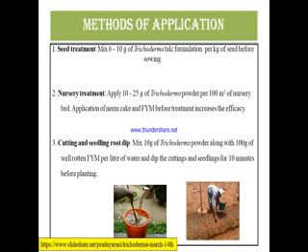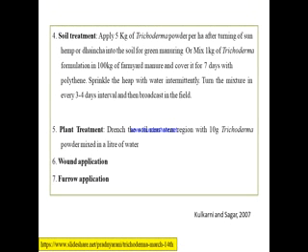In that, mix 10 gram of Trichoderma powder along with 100 gram of well rotten FYM per liter of water and dip the cuttings and seedlings for 10 minutes before planting. Soil treatment. The plant treatment, branching near the soil and stem region that we generally call rhizosphere, wound application and furrow application.